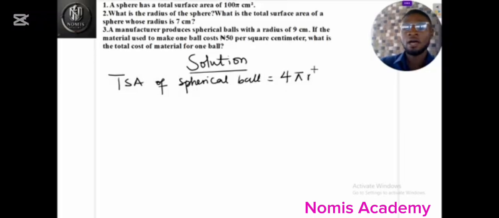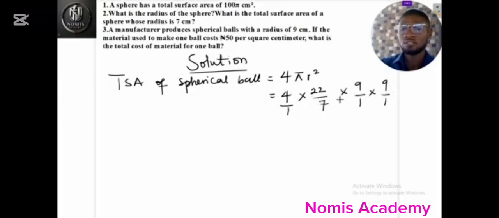So that is 4 over 1 multiplied by 22 over 7 multiplied by 9 over 1 multiplied by 9 over 1. So let's get it. What is divisible? Nothing. So let's go into 4 times 22 should be 88 multiplied by 81 divided by 7.